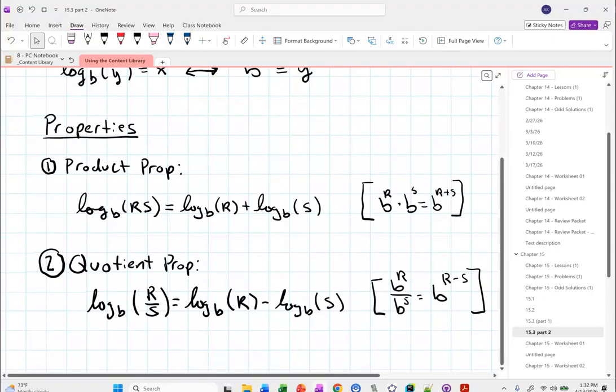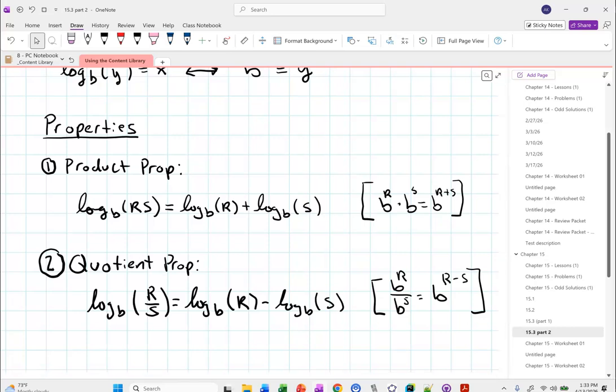Because remember, a logarithm is just like a recasting of an exponential equation, right? That was our definition. So all these properties of logarithms are just the corresponding version of an exponential property.